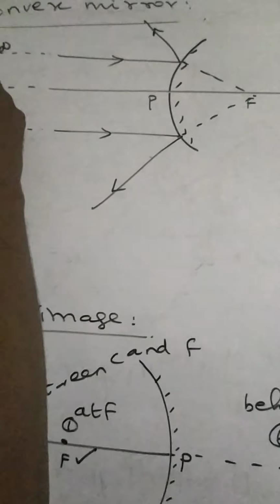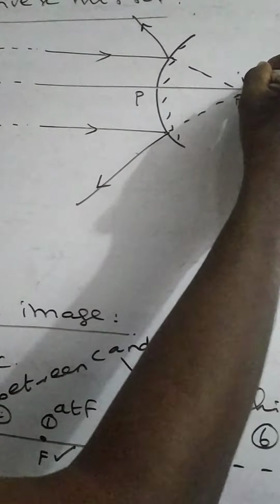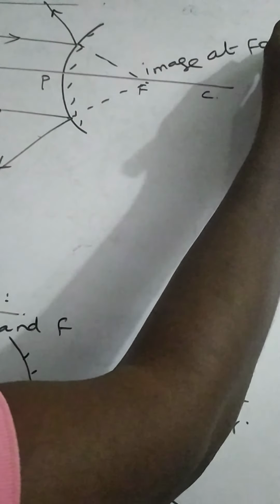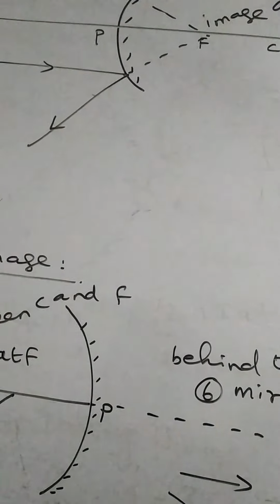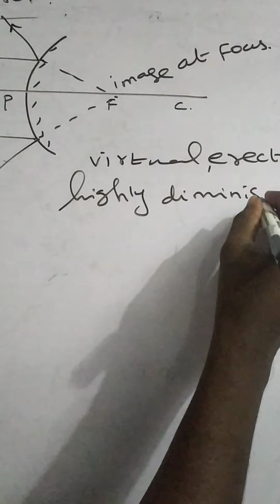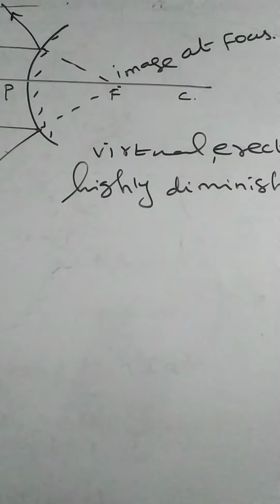Object at infinity, image at focus. So on the right side, the image becomes virtual, erect and highly diminished. A virtual, erect, highly diminished image is obtained.